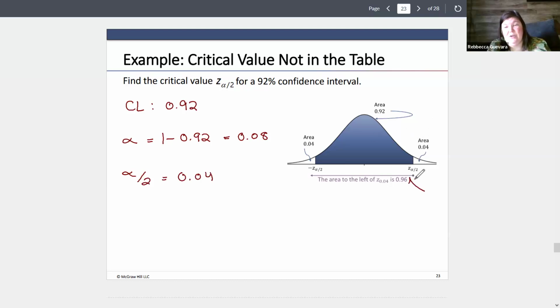So these critical values that I'm looking for here, these z-scores, are going to be represented as z 0.04 to represent what's in this tail, and negative z 0.04 to represent what's in this tail. We know these areas here, we just need to find those z-scores. I'm going to show you how we're going to find that. First we're going to do this with the z-tables, and then we're going to do it with the calculator.